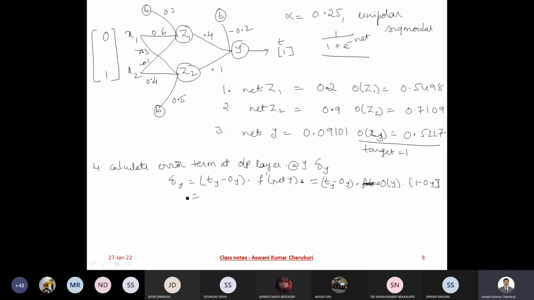Remember, if you have one more node in the output layer, say y2, then you have to calculate del y2 in a similar manner.